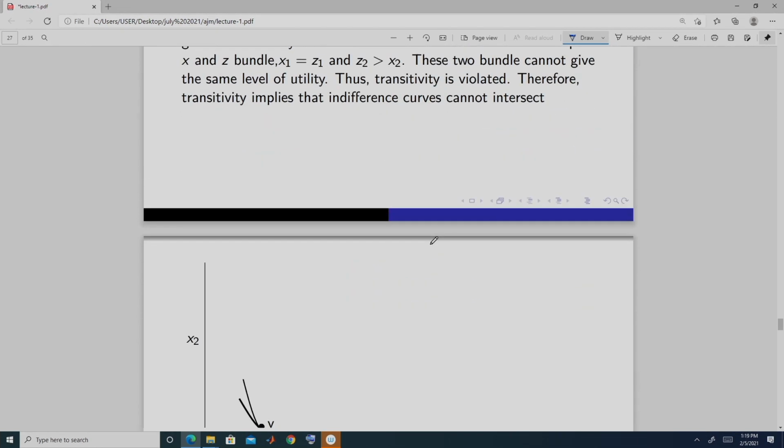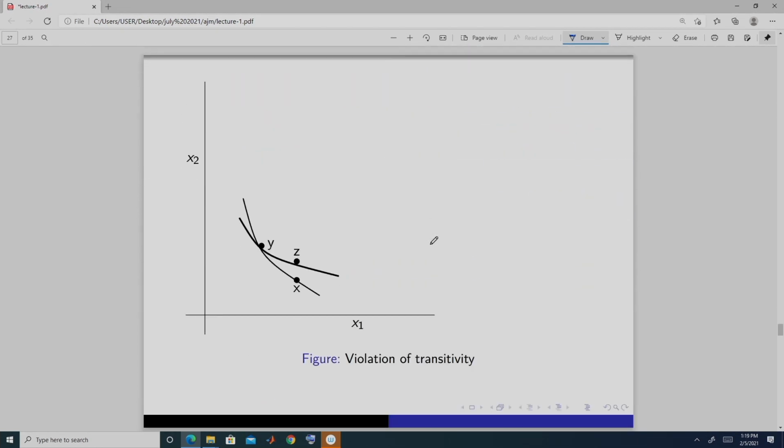Now what is the implication of transitivity? Transitivity takes 3 points x, z and y like this, and suppose the indifference curves are of this nature. So this is one indifference curve and this is another indifference curve. Now from here we know that x1 is equal to z1 and x2 is less than z2, right?